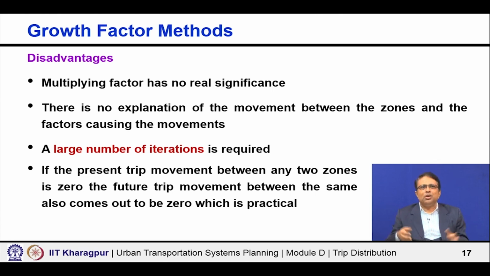So, nothing beyond. Sometimes you may require a large number of iterations depending on your error margin, and also the same problem is here. If any cell initially is 0, whatever you do, at the end of the day you will get 0 again, because you are multiplying a factor on that original value. So, if the original value is 0, everything is 0.